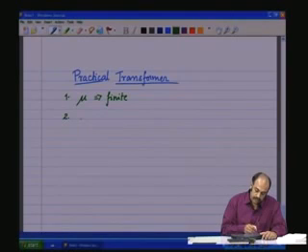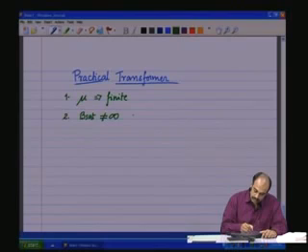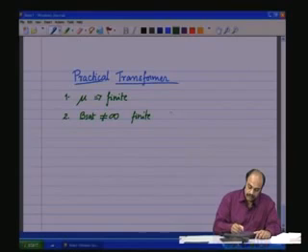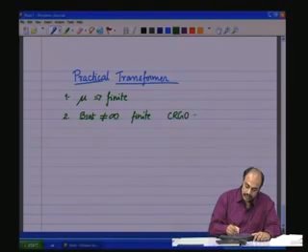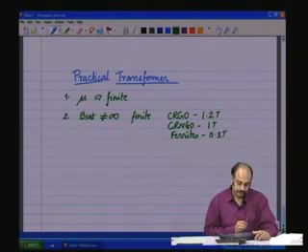BSAT, the saturation flux density, is not infinity, but a very finite value, and as I said, CRGO has around 1.2 Tesla, CRNGO, cold rolled non-grain oriented silicon steel, has around 1 Tesla, ferrites around 0.3 Tesla, and so on.